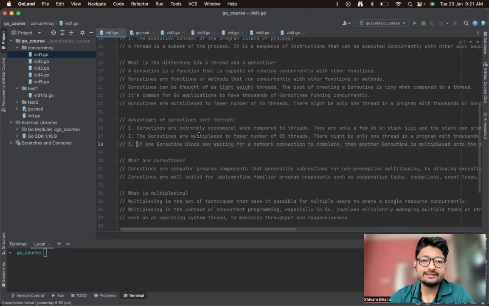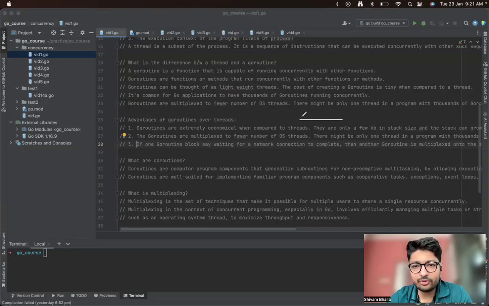So what we have learned is that on a single OS thread, multiple goroutines can be spawned. You can assume that you have a table, and multiple goroutines are working on that single table. Now, the OS thread has a scheduler that will pick which process to run, then which thread is being run, and then which goroutine has to be picked.